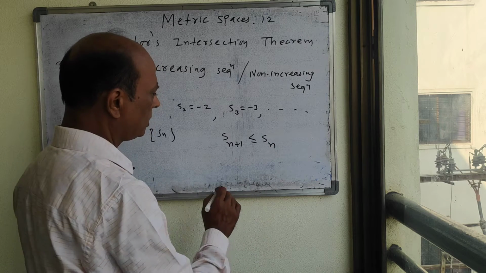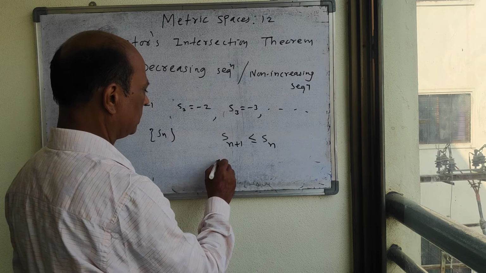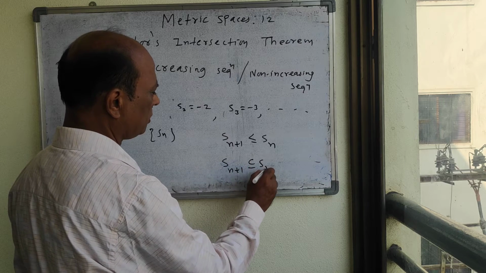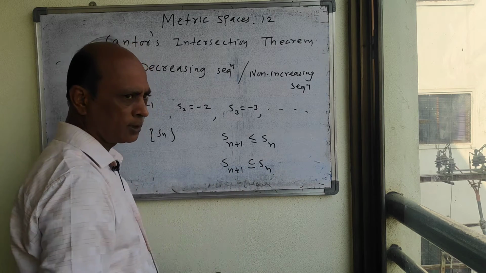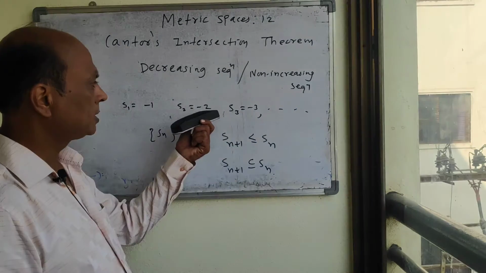Or in other words, we can say that Sn plus 1 is a proper subset of Sn. In this case, this is decreasing.